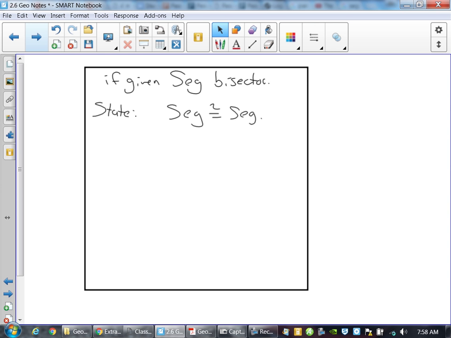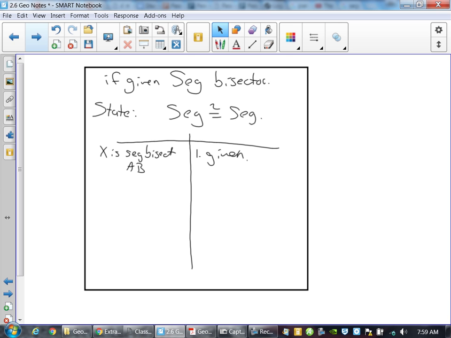So here's our example. So we'll say that X is a segment bisector of AB. Just make something up. And that's given. Now remember, a segment bisector can be a point, a line, a ray, another segment.